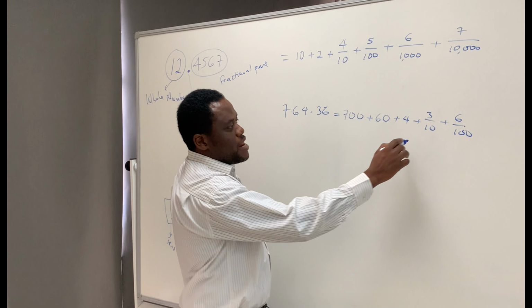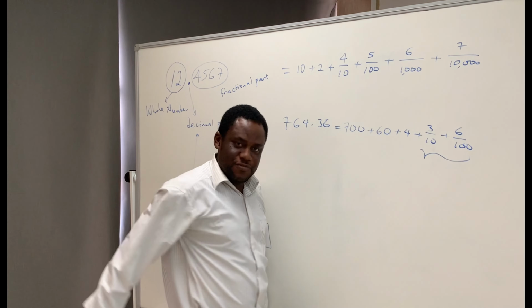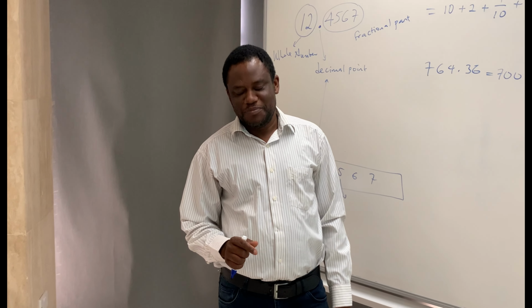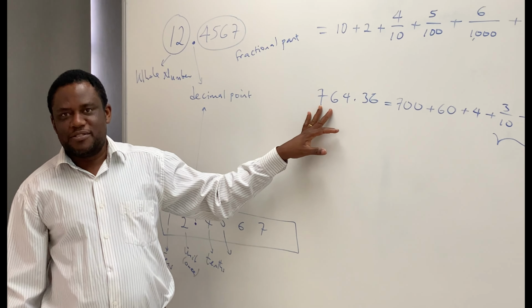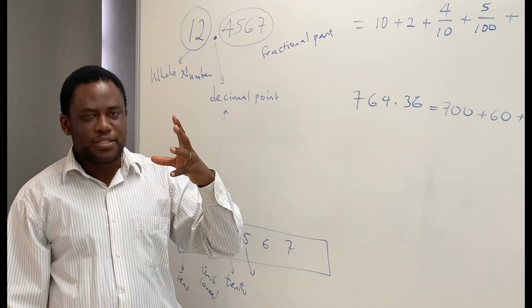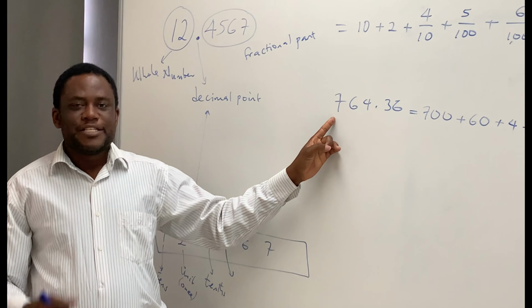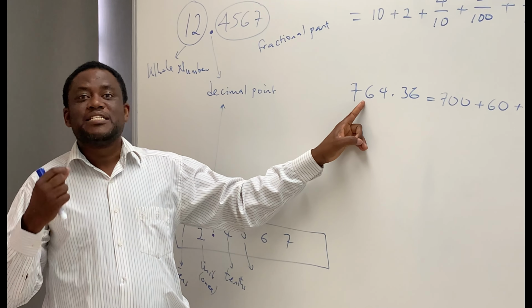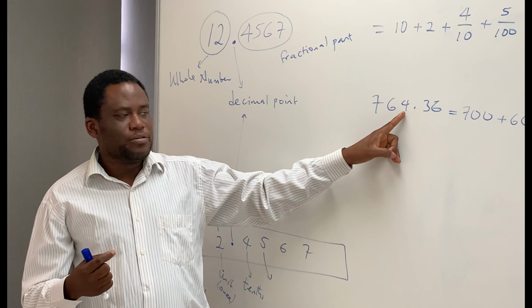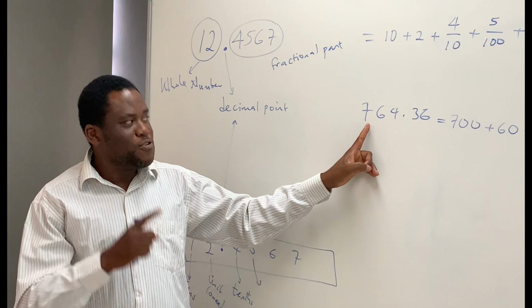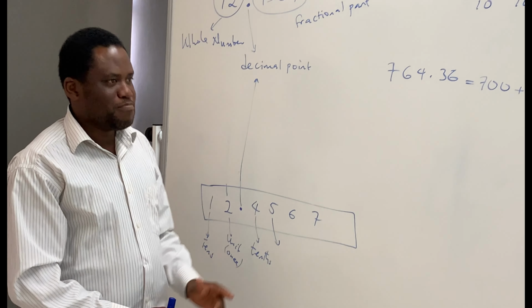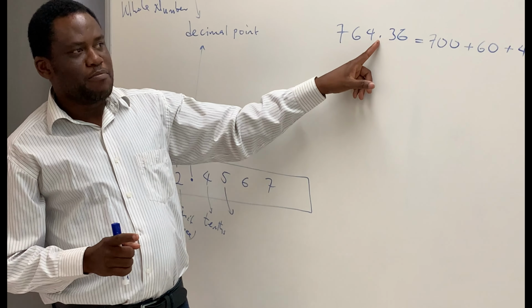And you can also write the expansion back in line. You know that any number after division must have points. Right? Good. So, how do we pronounce this in words? We say 764 point, because this is point after.